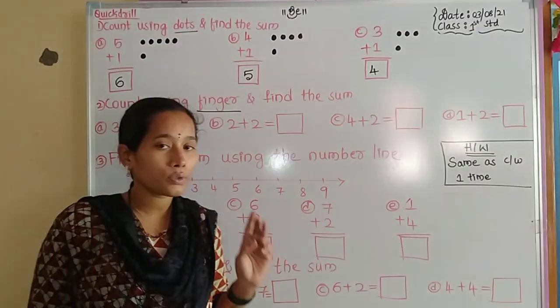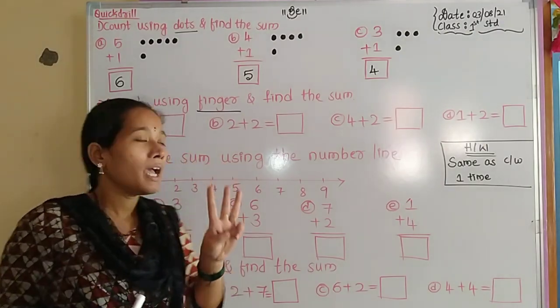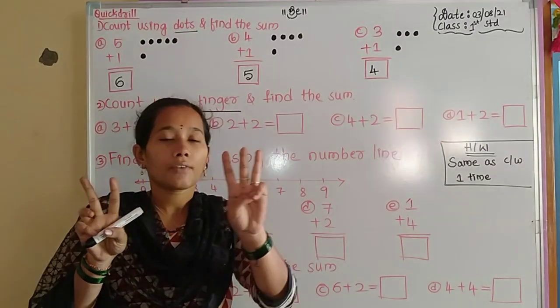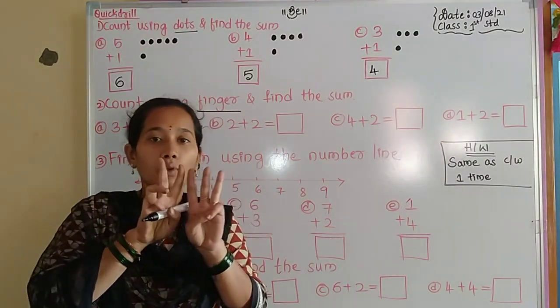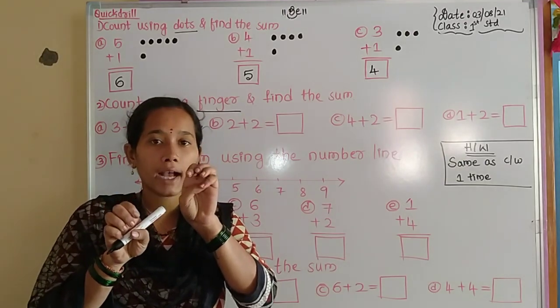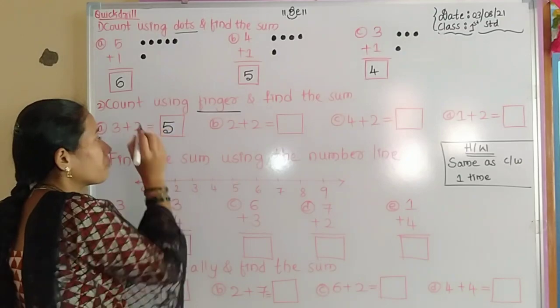Using the fingers only we have to solve the answer. 3: 1, 2, 3 is the first addend. And the second addend is 2. We have to count all together: 1, 2, 3, 4, 5. So the answer is 5. Write it in front, in the box.